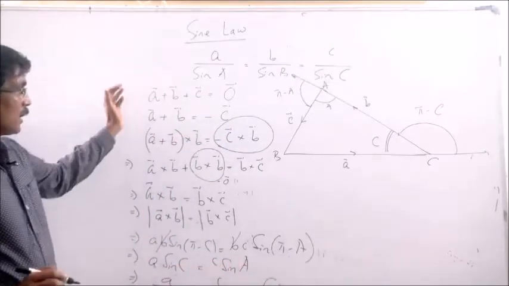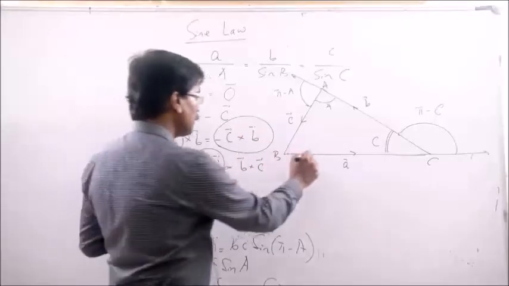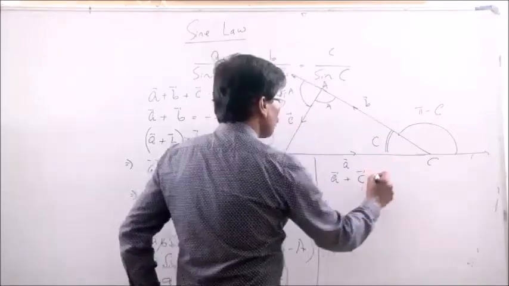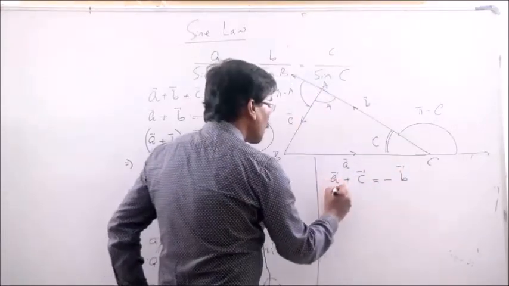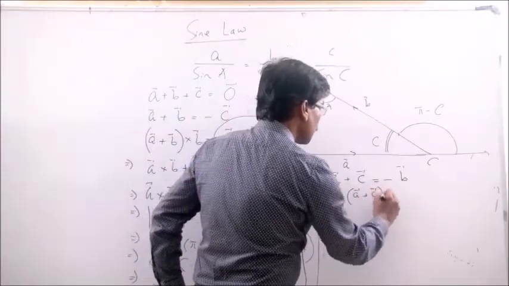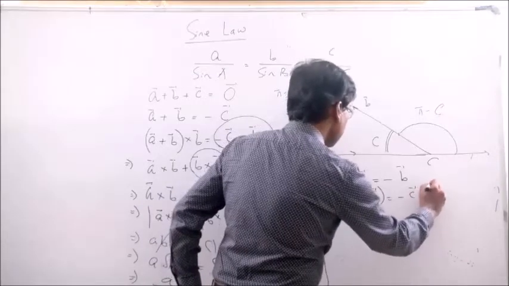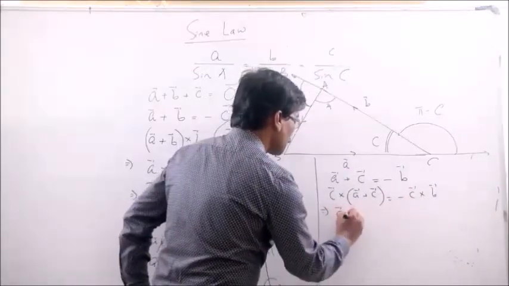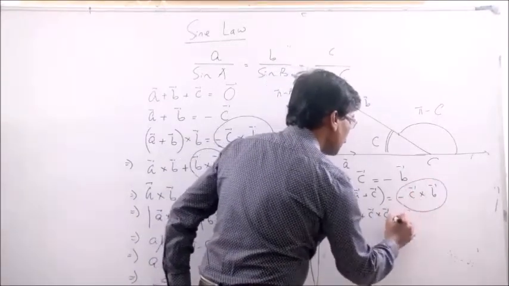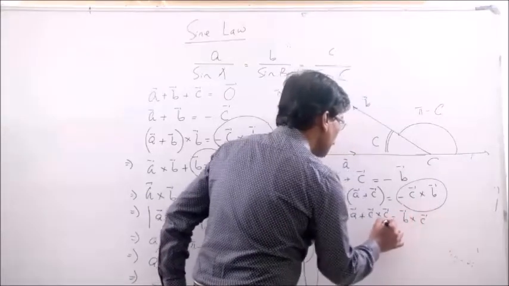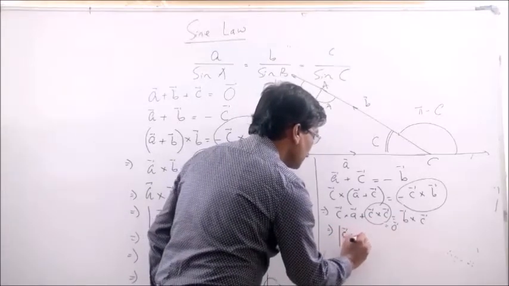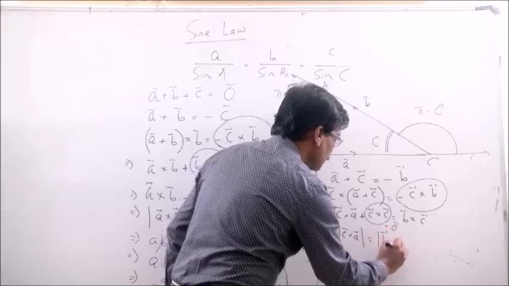Similarly, if we take b to the right hand side, that is a plus c is equal to minus b, and cross with c vector, that is c cross (a plus b) is equal to minus c cross b. So this is c cross a plus c cross c, and minus c cross b is equal to b cross c, and c cross c is equal to zero vector. So c cross a magnitude is equal to b cross c magnitude.